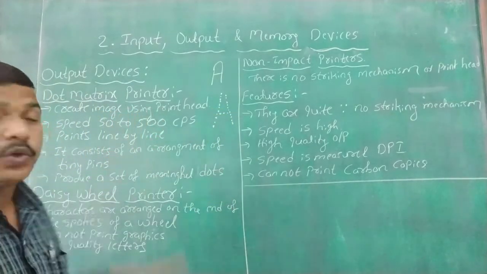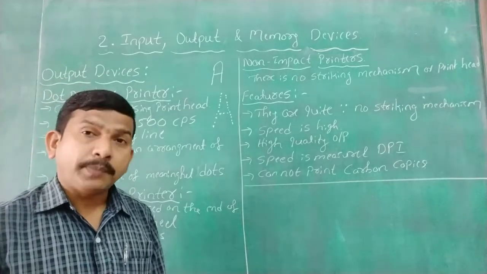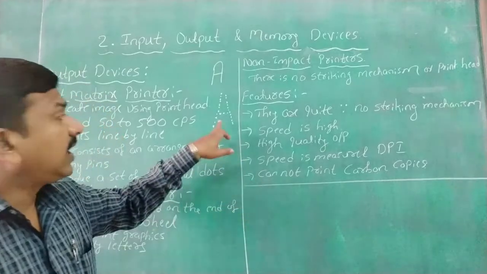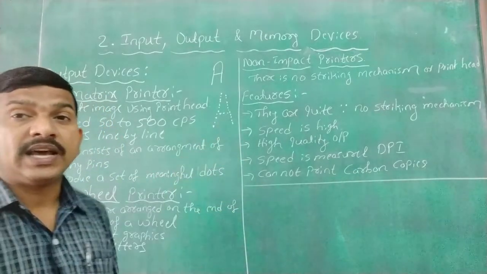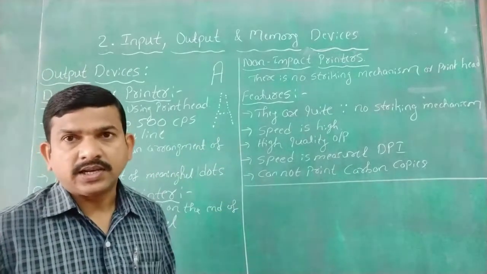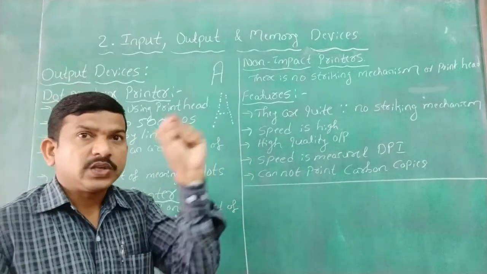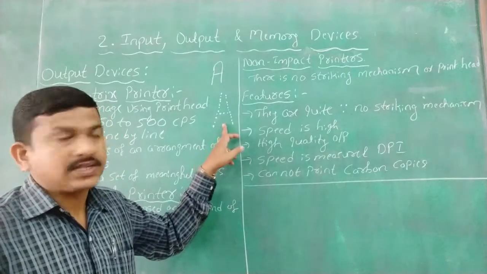So with the help of dot matrix printer, we can print the contents, text or images, how it looks like this. That's why we call it a dot matrix printer. It prints the text looking like dots. Using dots, it will print. Is it clear?